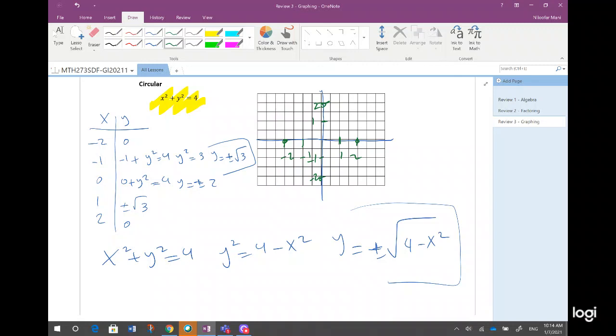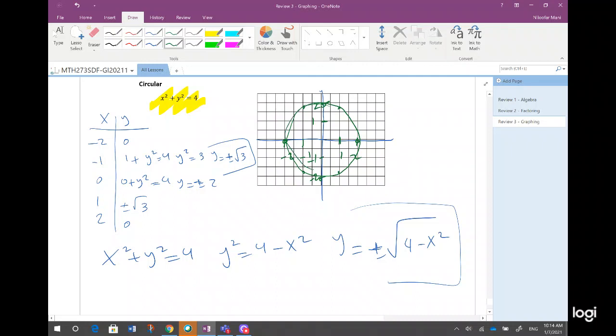Yes, 1.7, so it is almost here and here. And for 1, it is almost here and here. Then I can just graph it, and that's a circle.